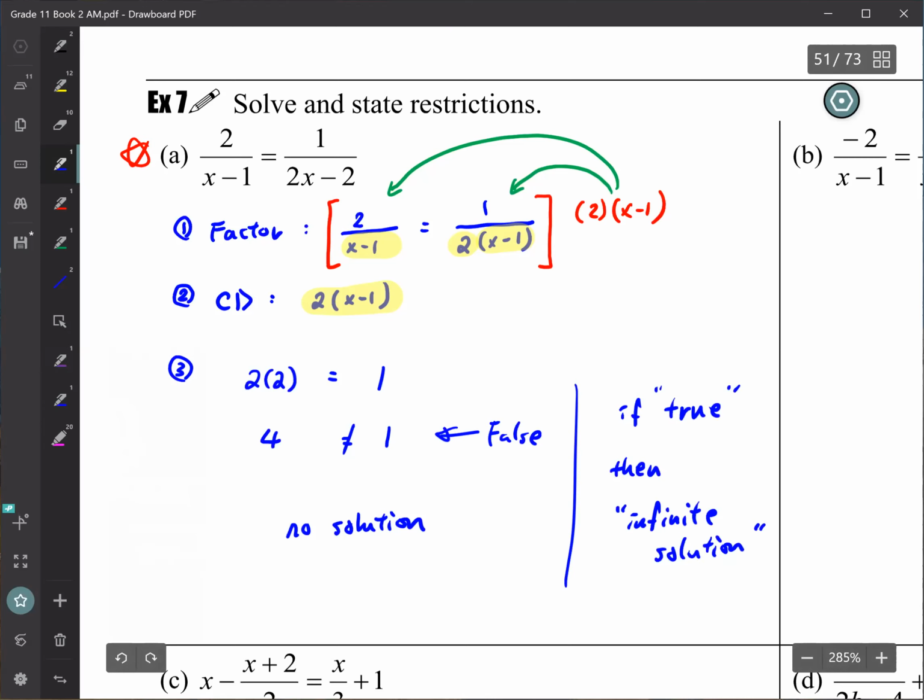Infinite means there are many answers, which means it doesn't matter what x you pick, it's always going to make both sides equal each other. In this case it's false, so your answer is just no solution. This is a very special scenario.